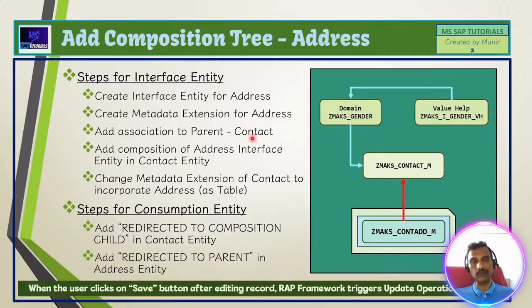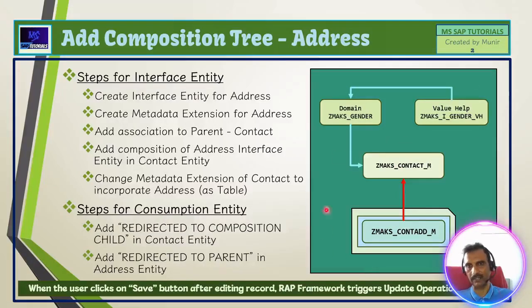So what we are going to do today is take our GMAKS CONTADD, that is the address one, and link it as a composition to the contact, so that addresses will be a child to a contact. This already has a gender value help that we have already added.